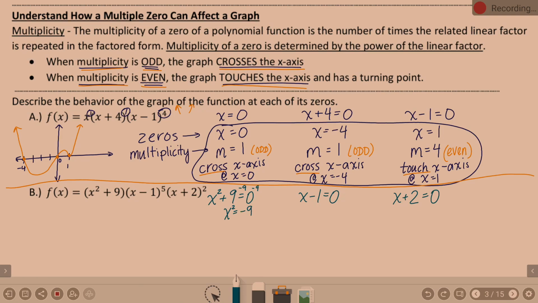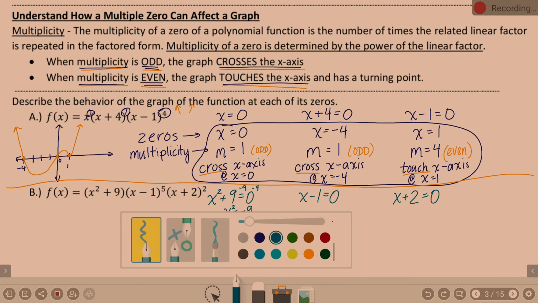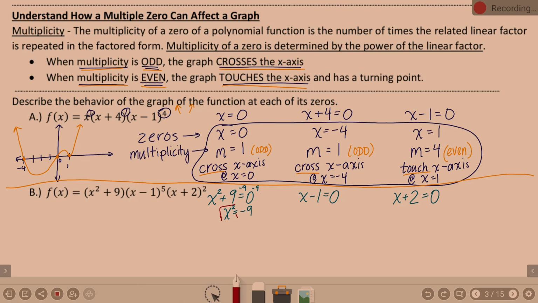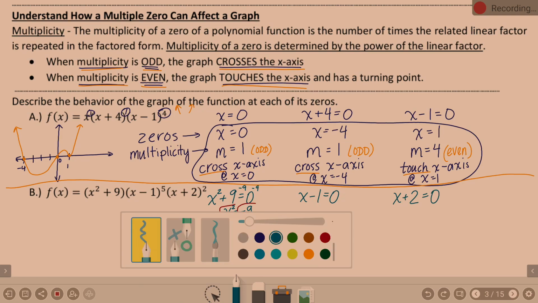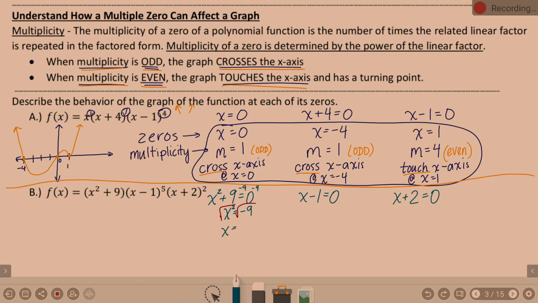And then you have to take the square root of both sides. It's going to be plus or minus 3i. The square root of 9 is 3. When we talk about the square root of a negative, remember that's when we put in an i. And when you take a square root in equation solving, we say plus or minus. So we have 2 zeros there: plus 3i, negative 3i. We'll come back to that in a moment.